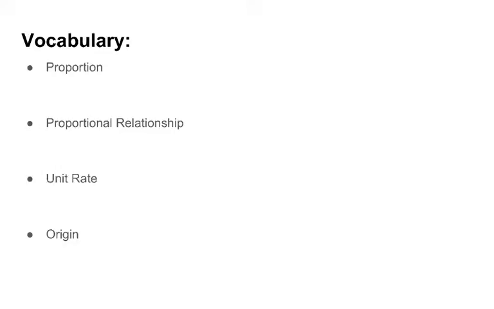Believe it or not, these mean really the same thing, but you're going to hear us use both of these words and phrases, and I want to make sure you understand what they mean. Proportions or proportional relationships are two ratios that are equal to each other.